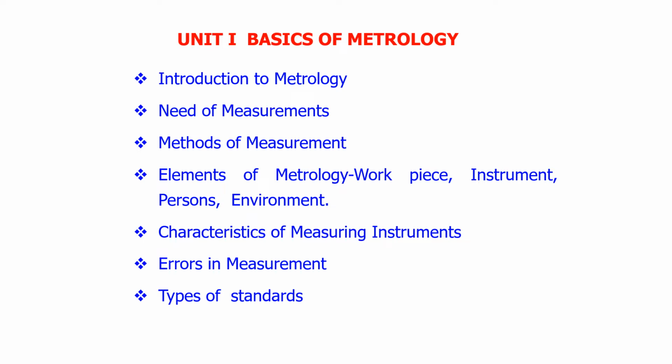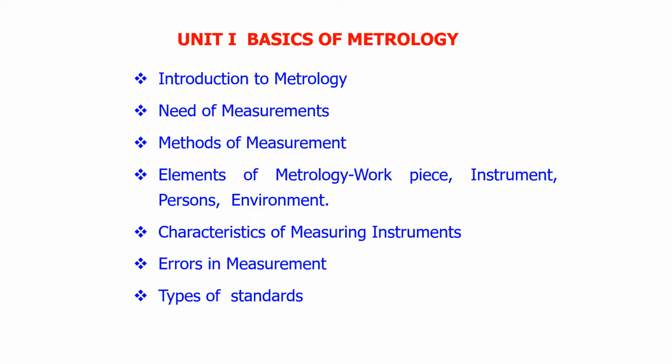And errors, it is natural happening. Wherever we do some measurements, some errors will be there, but we have to see that errors are within the limit. If errors are going beyond the limit, that is beyond the fits and tolerance limit, then we have to concentrate and bring it to the permissible limit. Errors cannot be avoided.